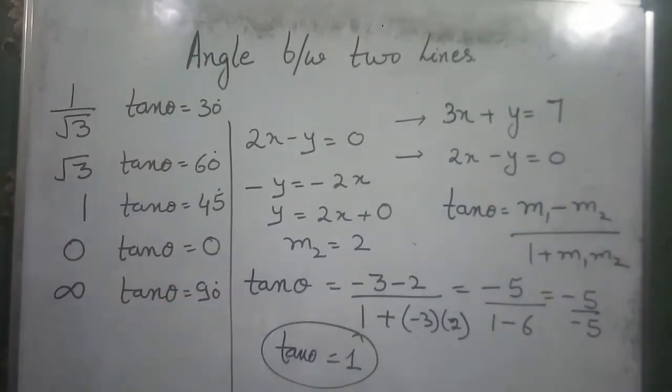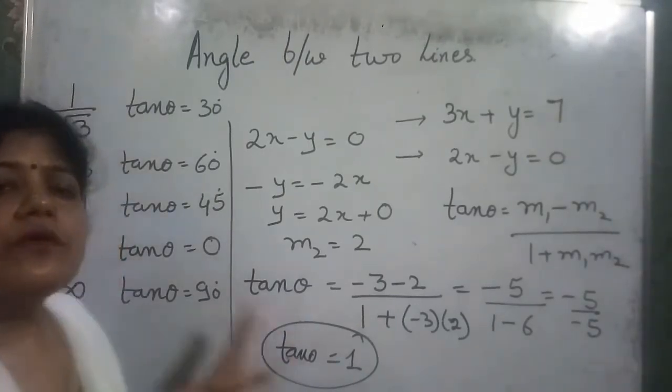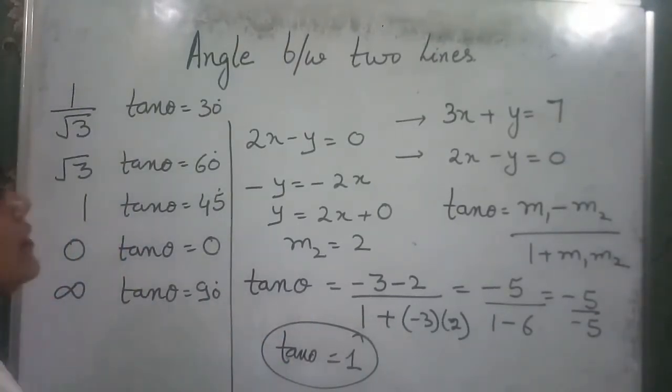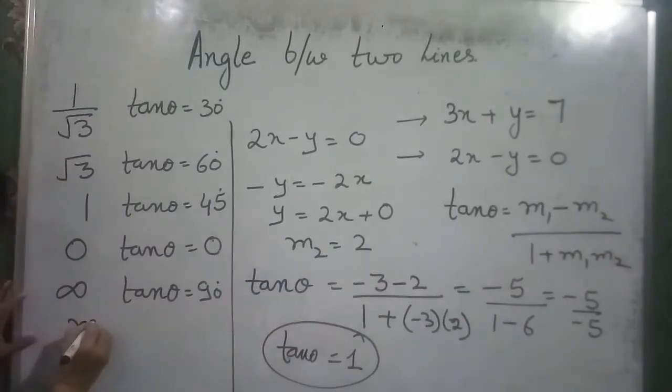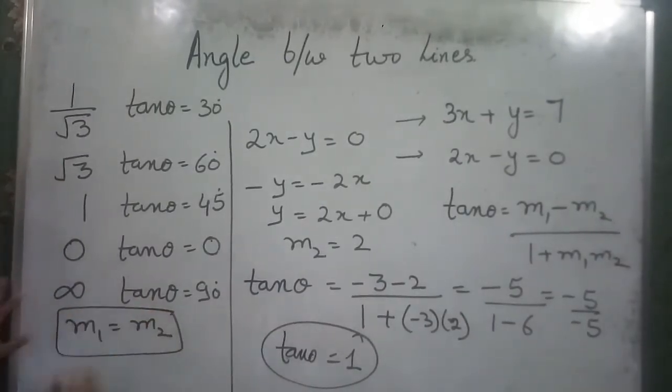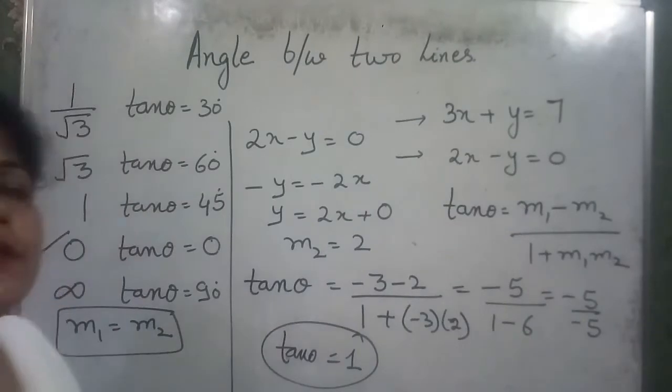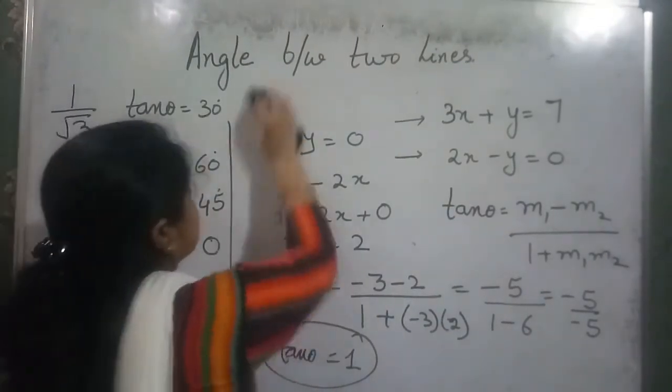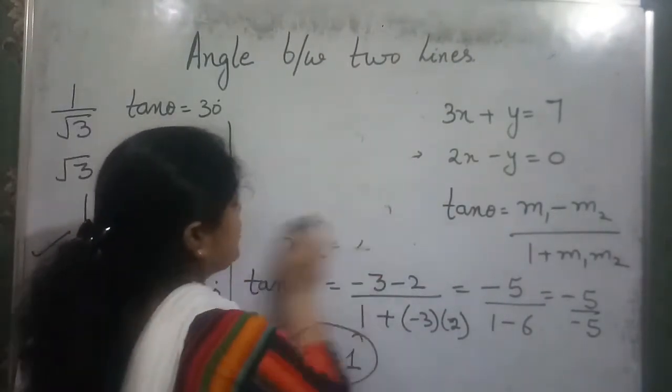Okay. From here we also conclude some points. If m1 is equal to m2, that is, if the slopes are equal, then the angle between them is 0 degree. That is, if the lines are parallel to each other, the angle between them is 0 degree. I am going to write here.